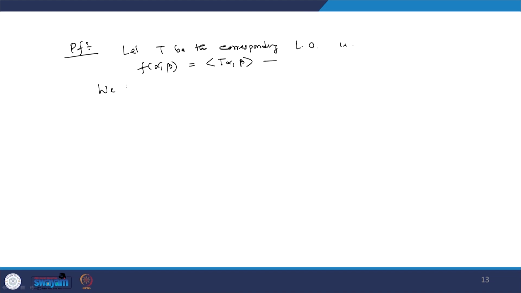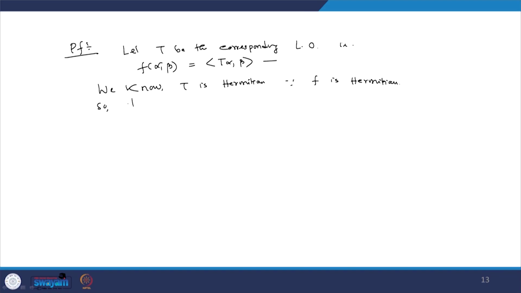We know T is Hermitian since f is Hermitian.